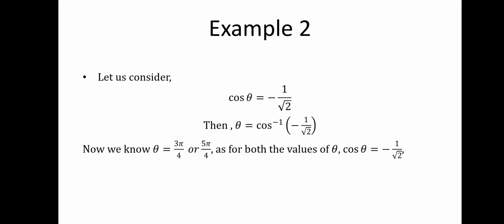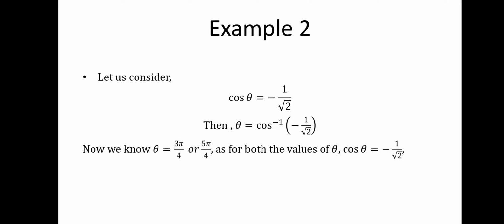Now what is 3 pi by 4? Pi by 4 means 45 degrees, so 3 pi by 4 means 135 degrees. If you write cos of 135 degrees, you can write it as cos of 90 plus 45 degrees, which becomes minus sine 45 degrees, and that is minus 1 by root 2. And again 5 pi by 4 is 180 plus 45 degrees.